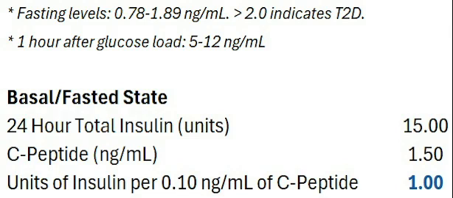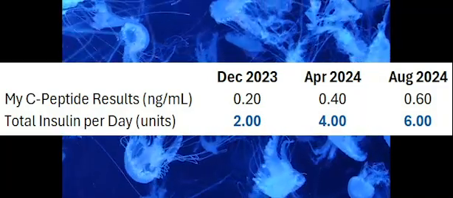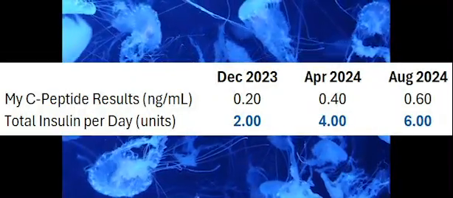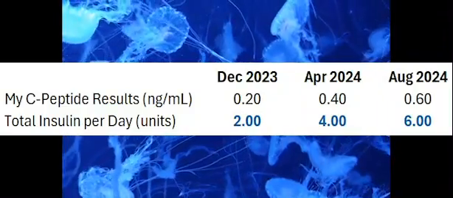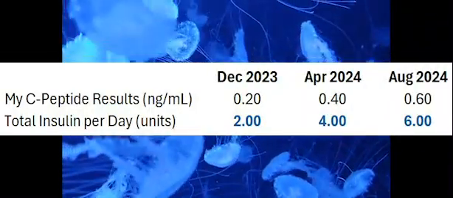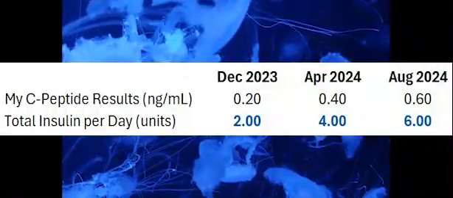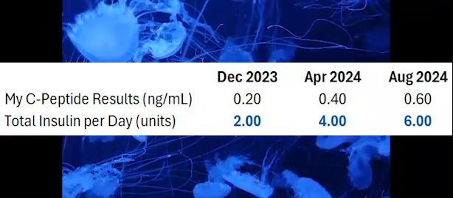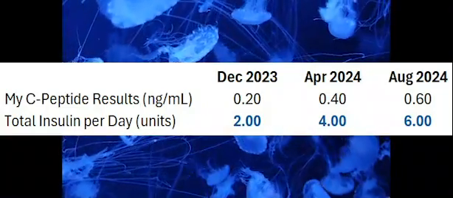Okay, so based on my results that I've shared in the past here, and I'll share that image now, just a quick reminder of what C-peptide is. I'll just refer to it as a byproduct. When your pancreas produces insulin, it also produces C-peptide.